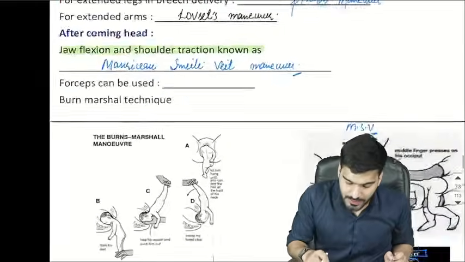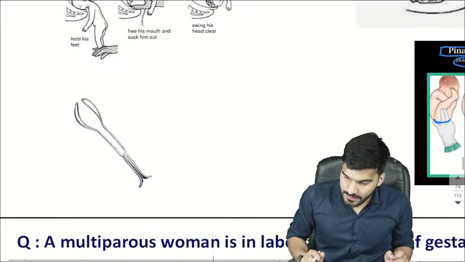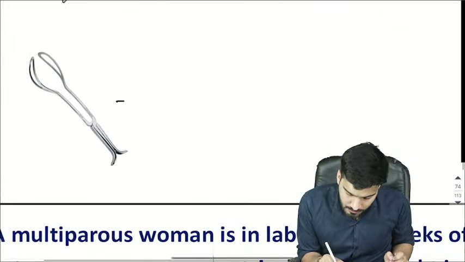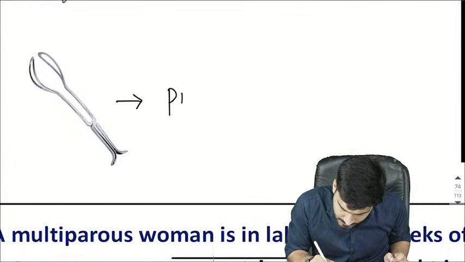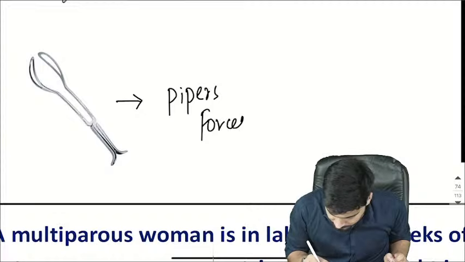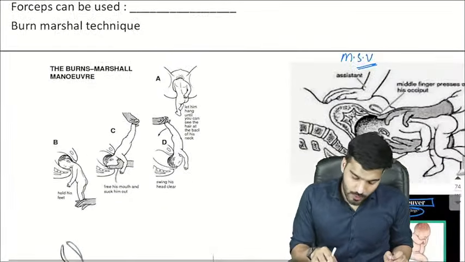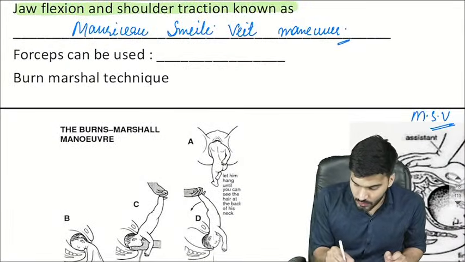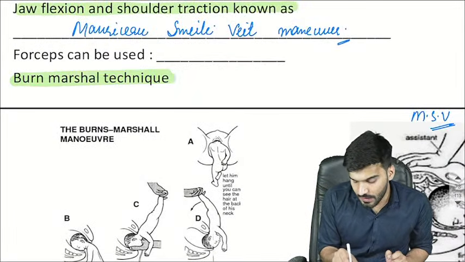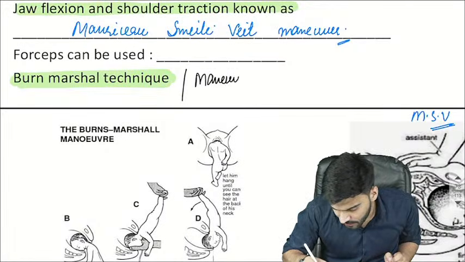Next, the outlet forceps that we use for the aftercoming head are Piper's forceps. We have one more technique to deliver the head, called the Bracht maneuver or Burns-Marshall technique.